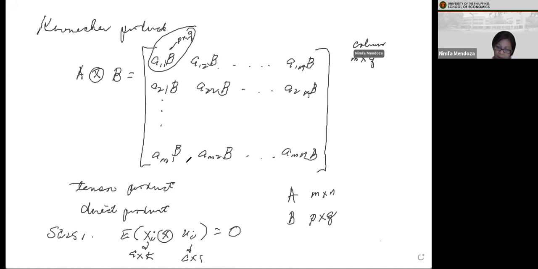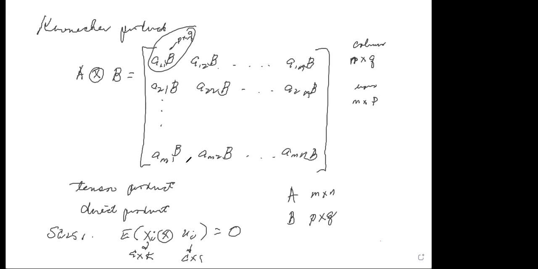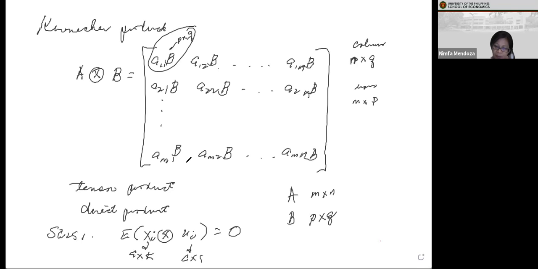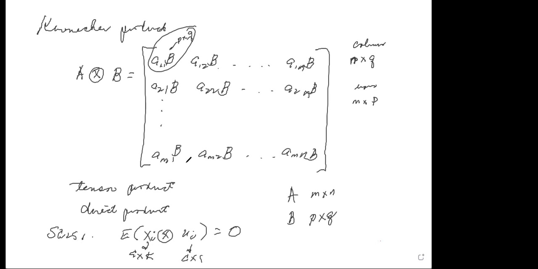And for the rows, you have M, but for each of the elements here, you multiply by P rows. So you have M times P. Okay, got it, ma'am. Thank you. So you get a big matrix.